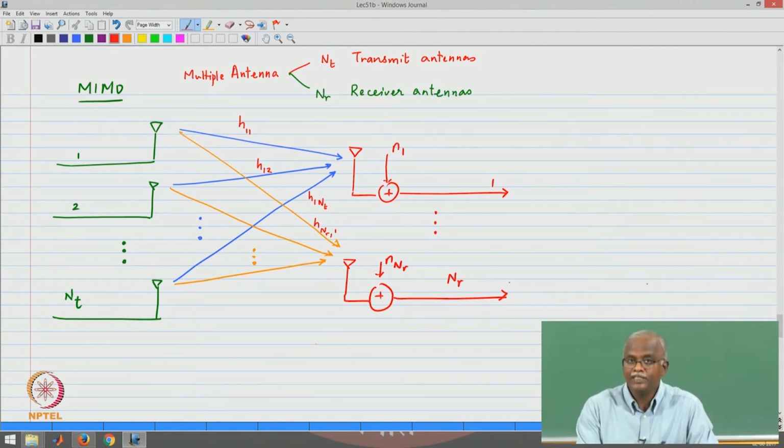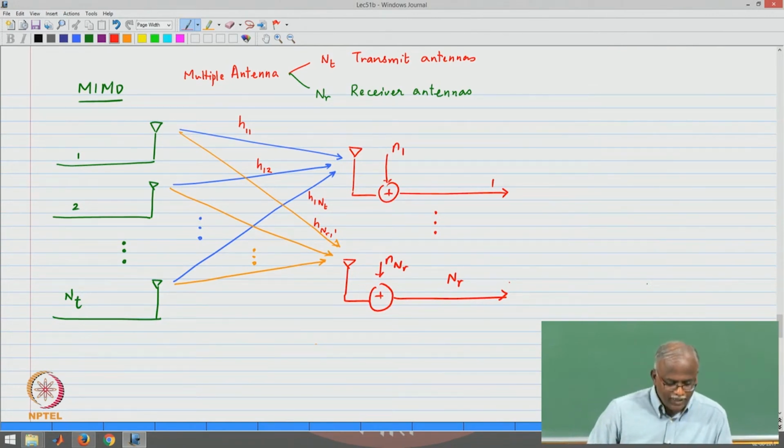So, when we have the general case of NT antennas at the transmitter, NR antennas at the receiver, we can write the expression for the MIMO system in the following way.